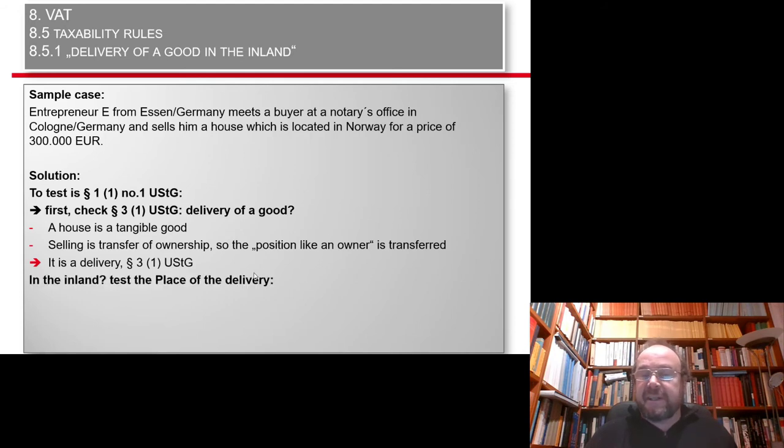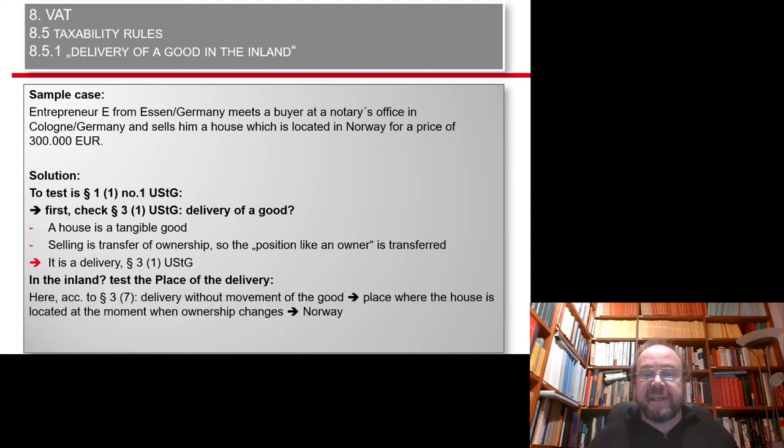Now, is it in the inland? They meet in a notary's office in Cologne, but that might be misleading. We have to apply the legal rules 3.7. The good is not moved during the delivery. You don't buy a house and take it home. It stays where it is.